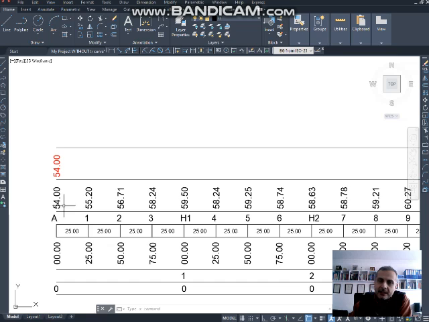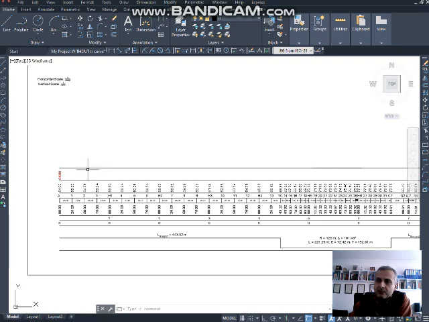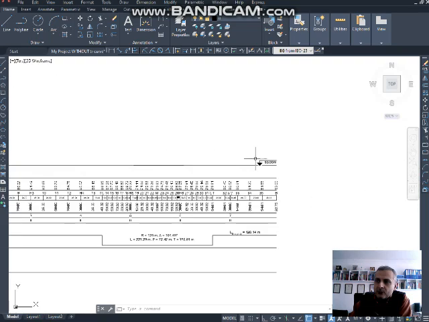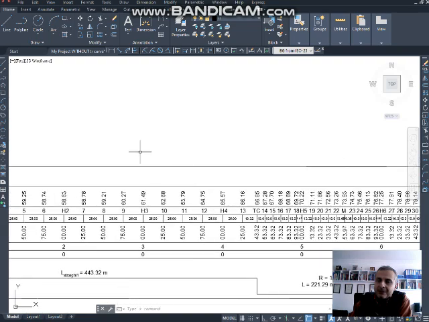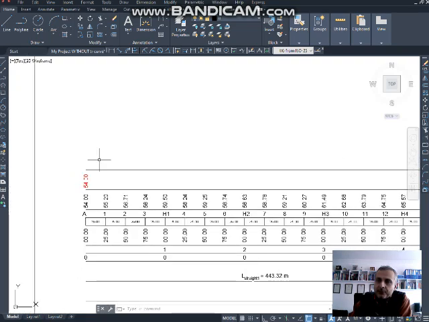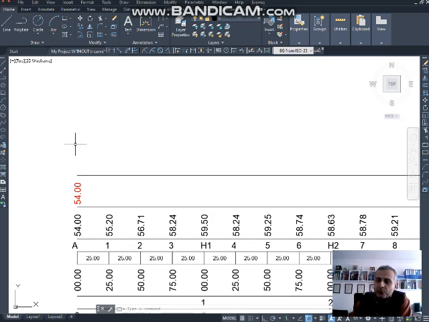54 is the elevation of the original ground at the projection of the center line for the first cross-section, 54 meters. I know that my datum line is 53 meters, so there is only 1 meter difference between the datum line and the first point. I'm going to draw a vertical line which is 1 meter in length when the ortho is on.